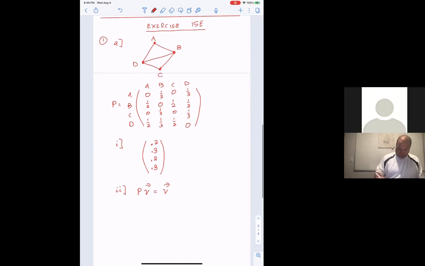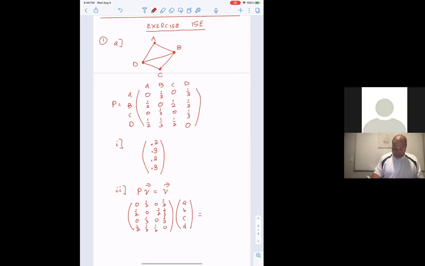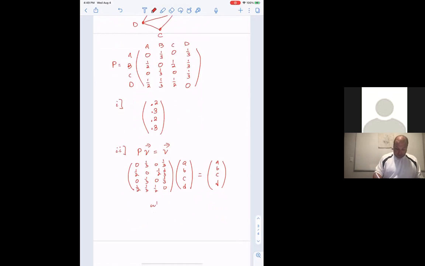So we have PV equals V, which means 0, 1/3, 0, 1/3, 1/2, 0, 1/2, 1/3, 0, 1/3, 0, 1/3, and 1/2, 1/3, 1/2, 0, acting on some currently unknown A, B, C, D, gives me that same A, B, C, D under the condition where A plus B plus C plus D has to equal 1. Because it's a steady state probability vector, they have to add to 1.